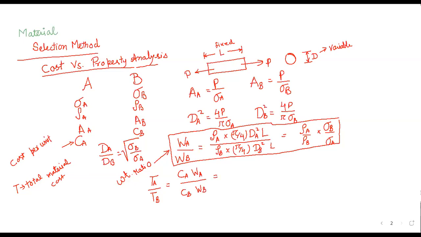And WA over WB is nothing but CA rho A sigma B over CB rho B sigma A.